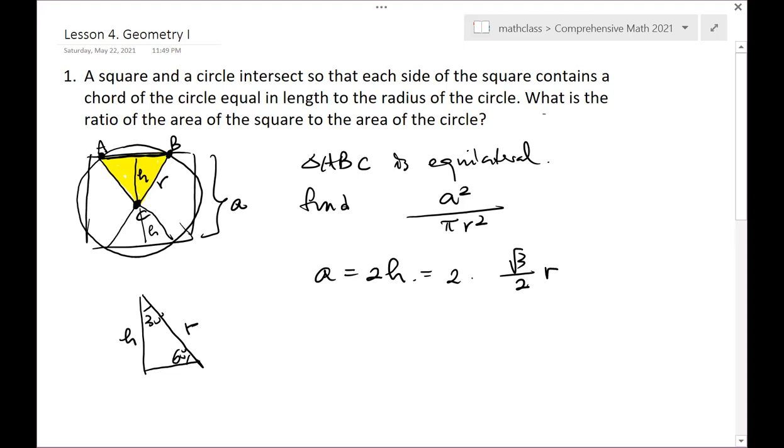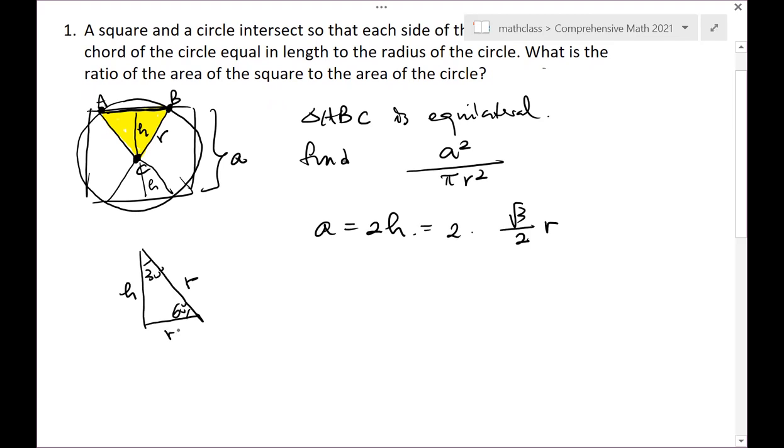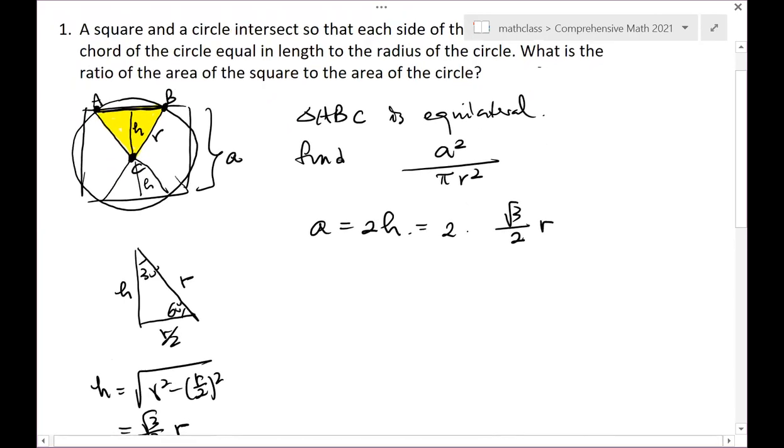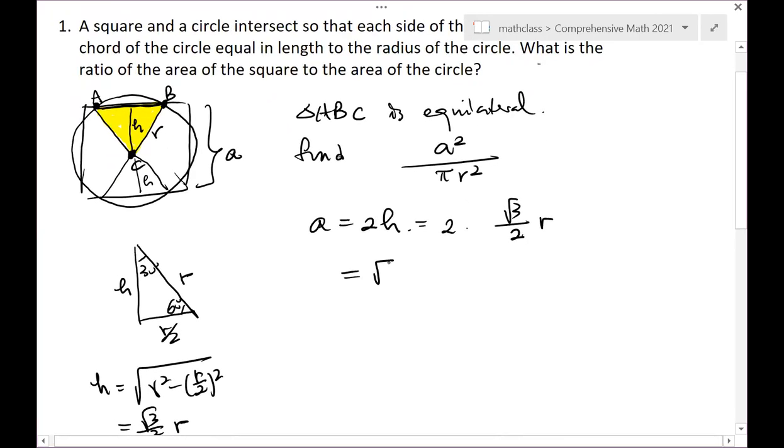This side is half R. H, if you want to use the Pythagorean theorem, is going to be the square root of R squared minus R over 2 squared, and that finally gives you root 3 over 2 times R. So that's how we get this. Now after simplifying, A is going to be square root of 3 times R.